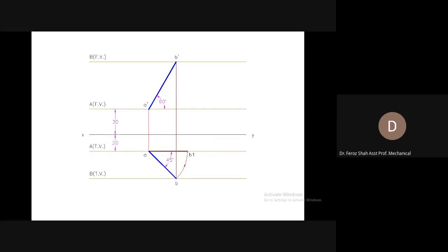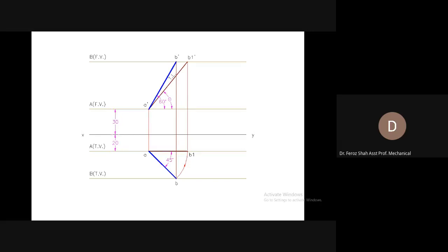So if we draw the projection from this top view, which is now parallel to the XY reference line, then the front view would give us the true length. The front view of A has already been drawn, A dash.